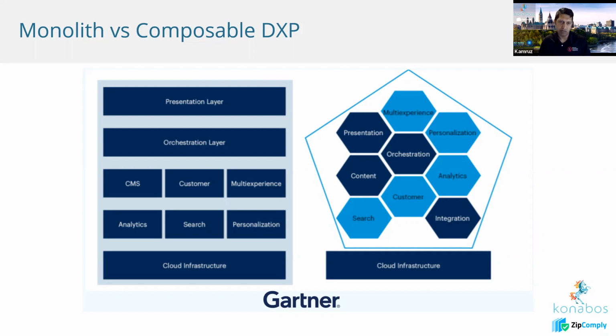You'll have a system for the content, a different system for the analytics, another system for the personalization, another system for the e-commerce, and then you will build an integration between all of those systems and tie in all the presentation to build your final product. That's where the term composable DXP comes from. You are taking multiple different systems, composing them into a single digital experience platform that works together more seamlessly.